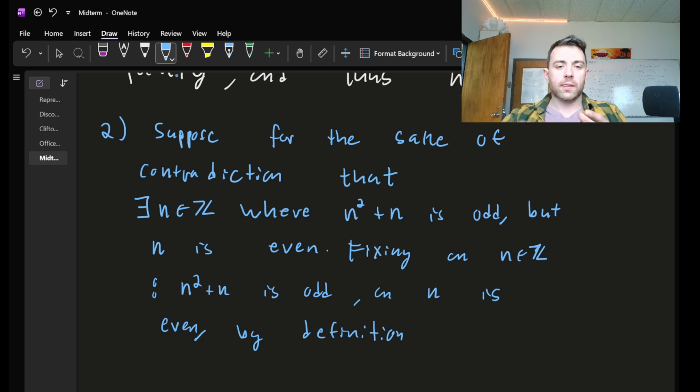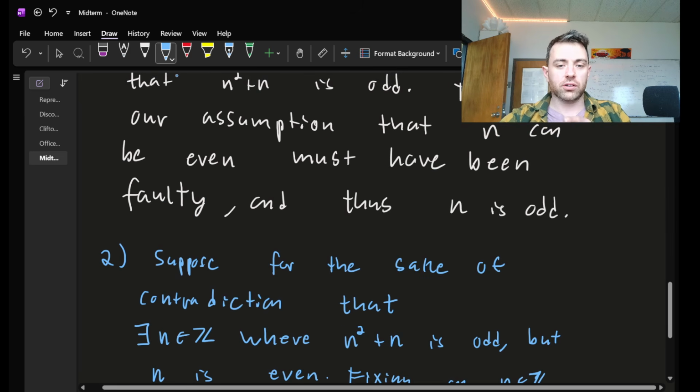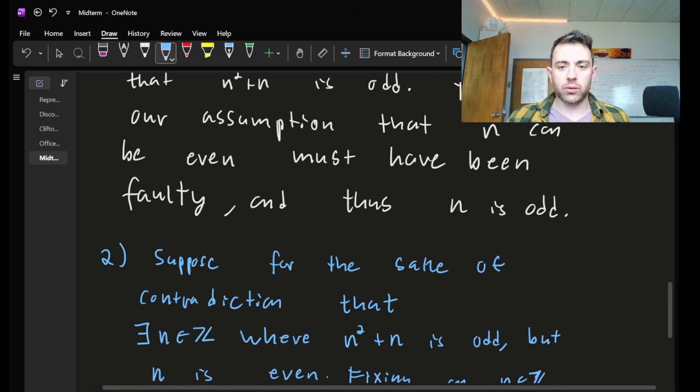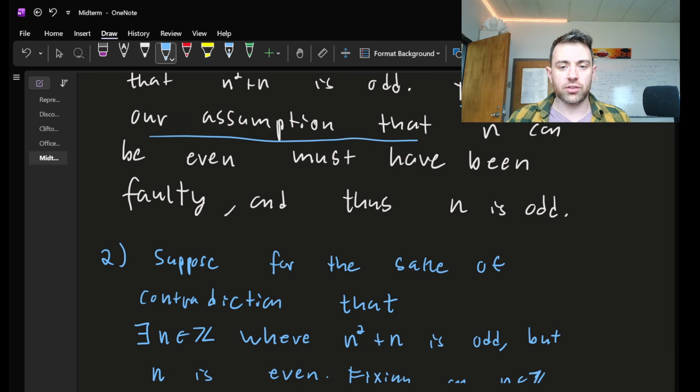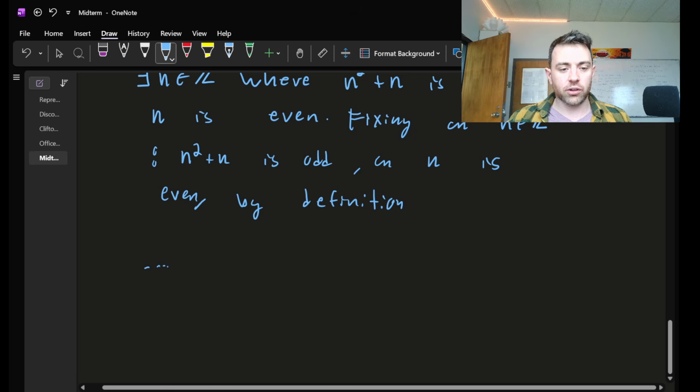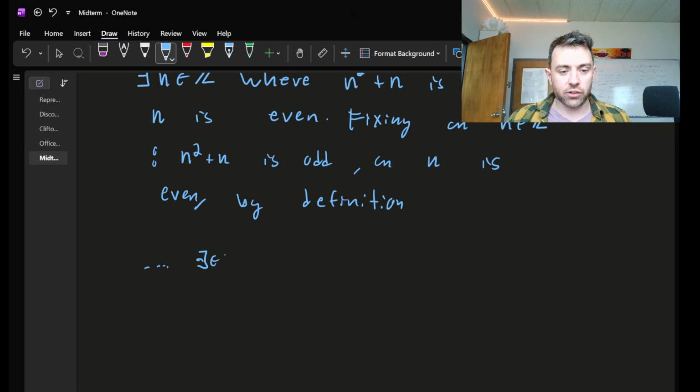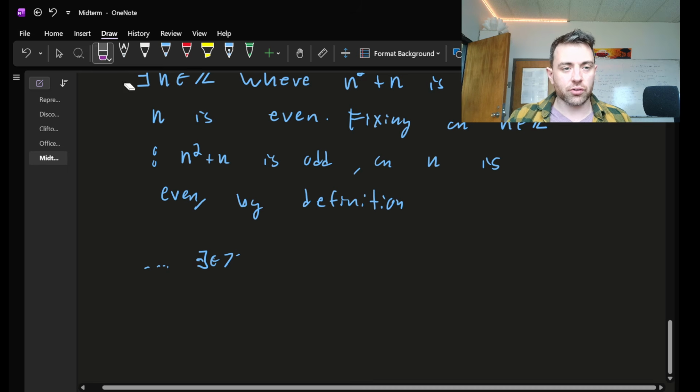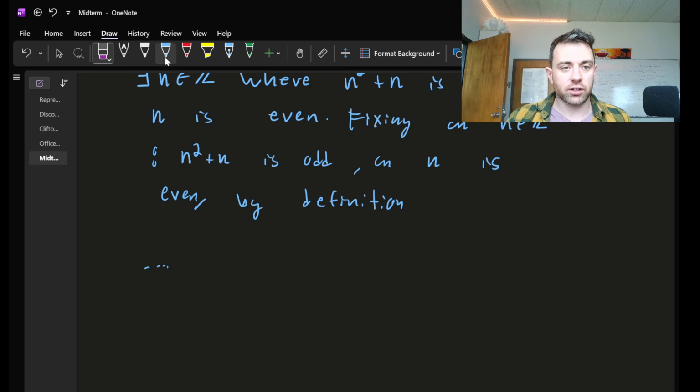And so the only difference now is in our proof when we get to the very end, right? When we say therefore our assumption that there exists, so therefore it's the entire statement itself that was incorrect.